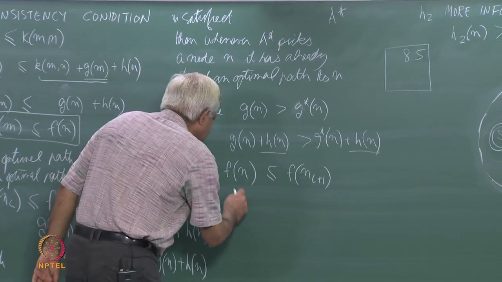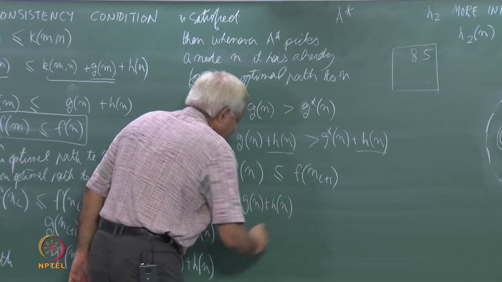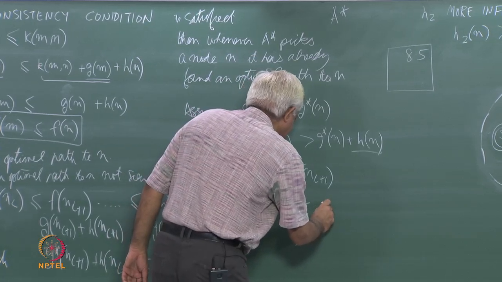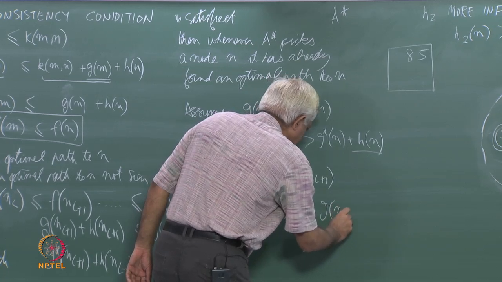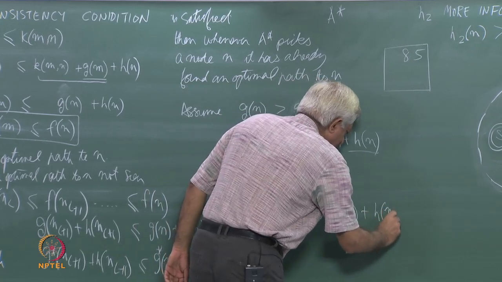So, this we can write as g of n plus h of n is less than or equal to g of n L plus 1 plus h of n L plus 1.